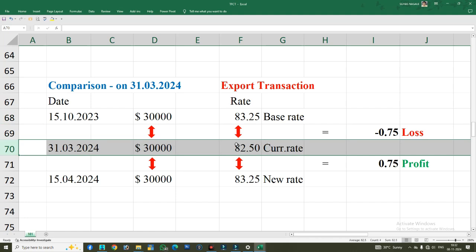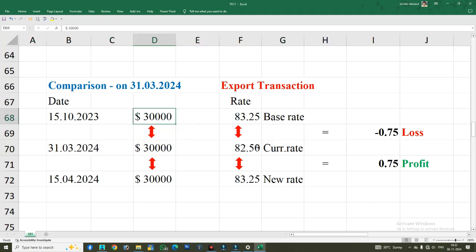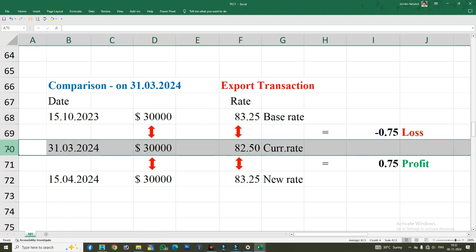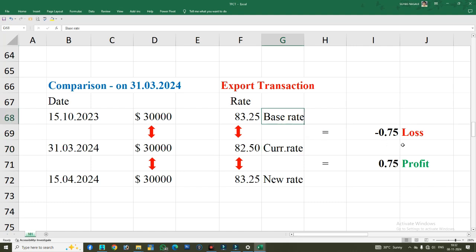It means as per Accounting Standard 11, we have to assume, suppose these $30,000 are received on 31st March 2024, then we will get a lesser rate as compared to the base rate. It means current rate minus base rate, a 0.75 paisa loss will be there.